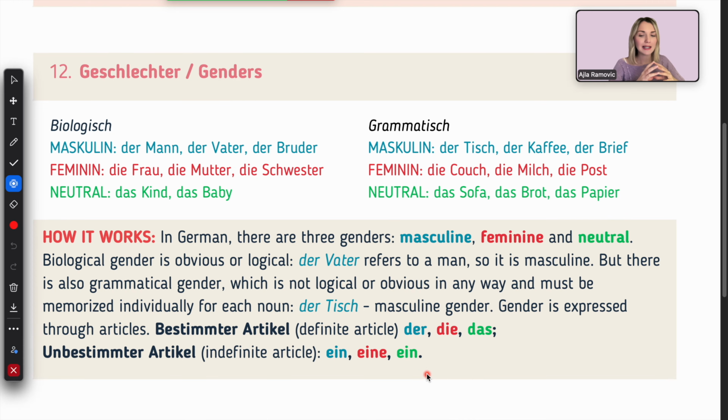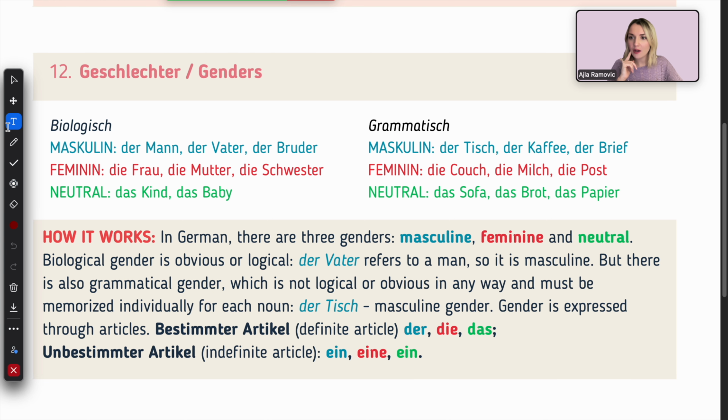To make this a little bit easier, you can actually compare these articles with the ones that we use in English. The definite articles, der, die, das, are something like the in English. And the indefinite articles, ein, eine, und ein, are something like a in English.